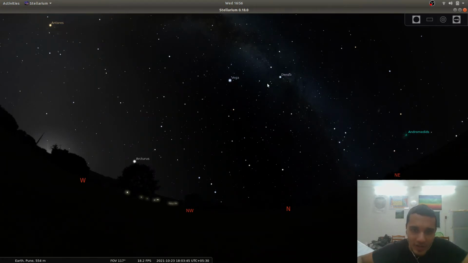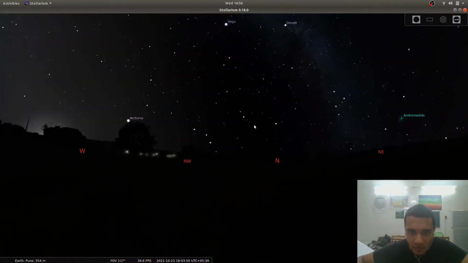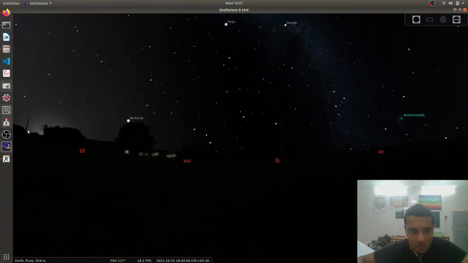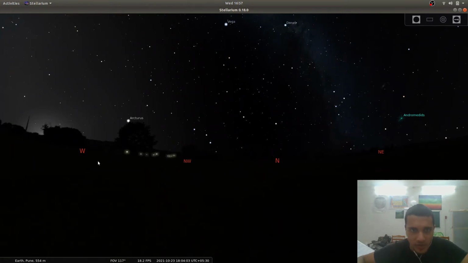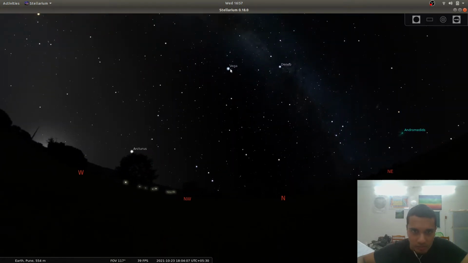What are the coordinates of Vega is what you're asking. In this simple system, we can think of how much it is from the horizon, this angle, and how much towards the east it is from north. So actually not this angle, but all the way around, almost 360 in this case. And that would be the position of Vega.